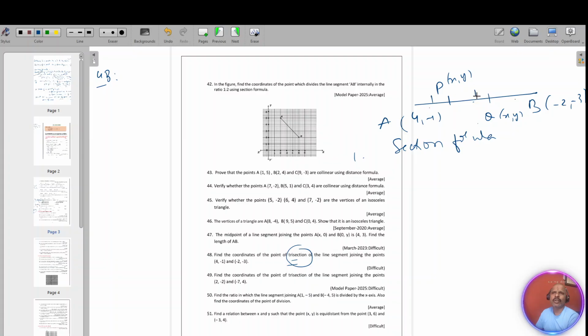Here trisection means all the parts are equal. They are equally cut. Section formula you apply AP to PB. Ratio becomes 1 is to 2 and you find the coordinates of P x y. Right? See, 1 is to 2. Why 2? AP is 1 part and PB is 2 parts.